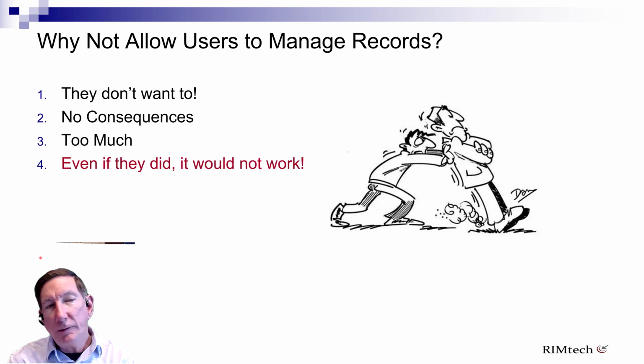Even if we did force them to do it, and even if they did it, it wouldn't work. Why not? Because they wouldn't get the classification codes accurately assigned consistently enough to hit our minimum acceptable threshold of 85%. That's the reason why, okay?